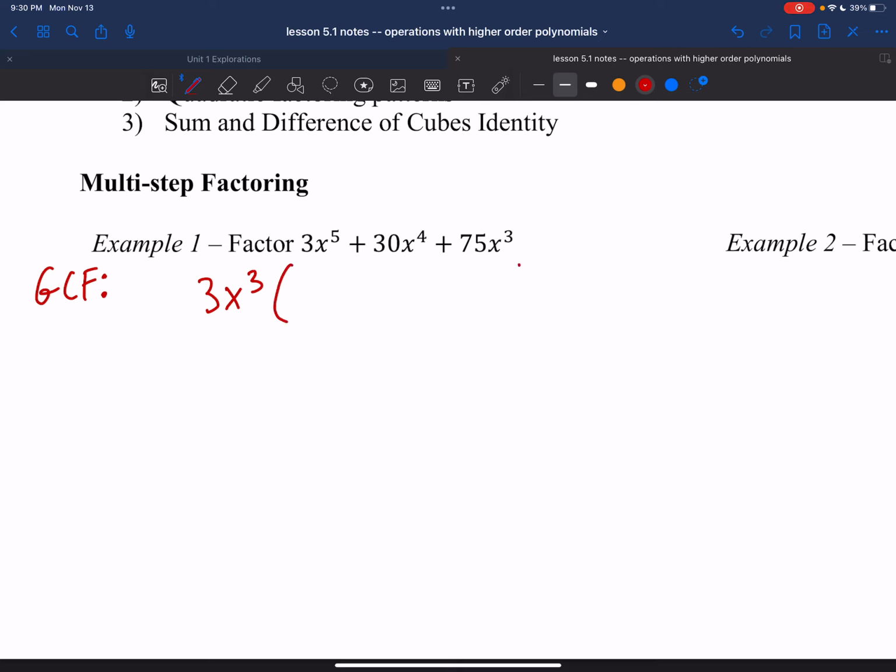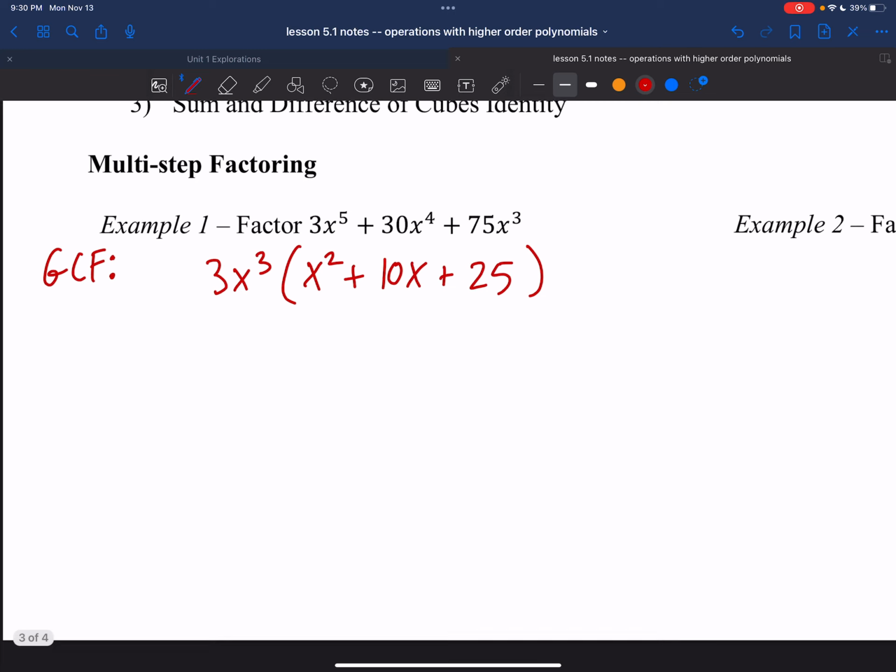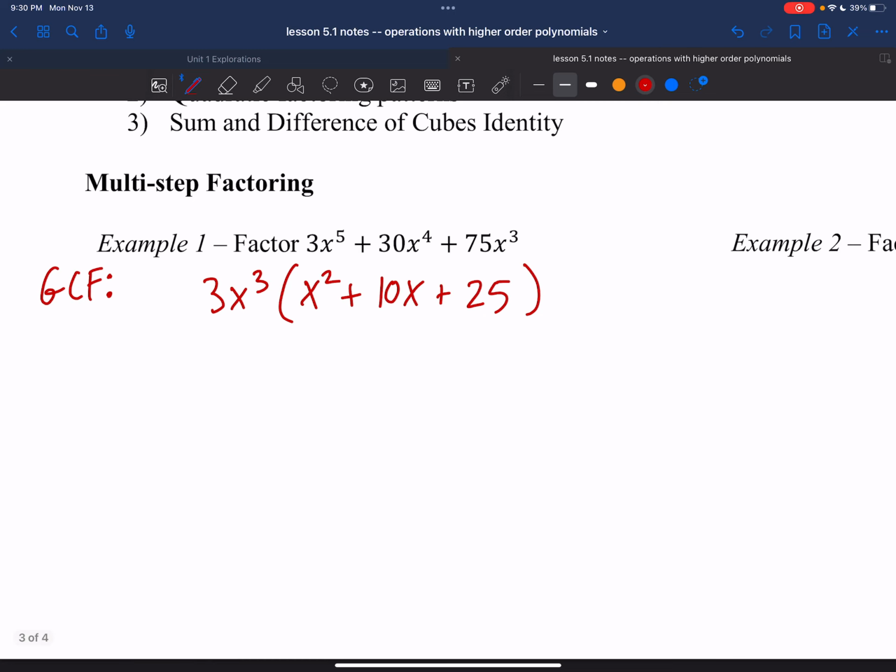What's left behind? Well, that would be x squared plus 10x plus 25. And oh my gosh, would you know, x squared plus 10x plus 25 is a perfect square trinomial.